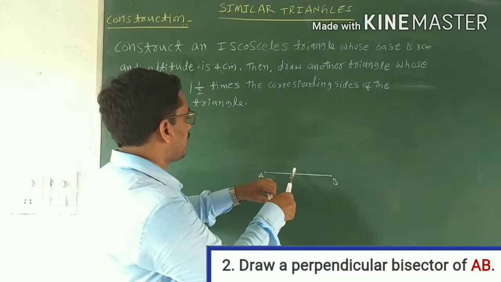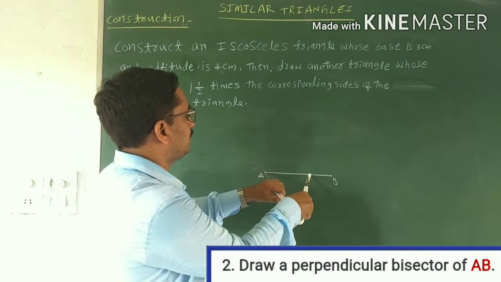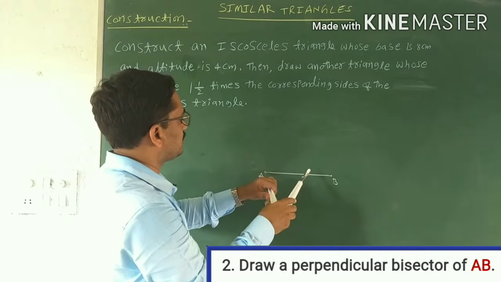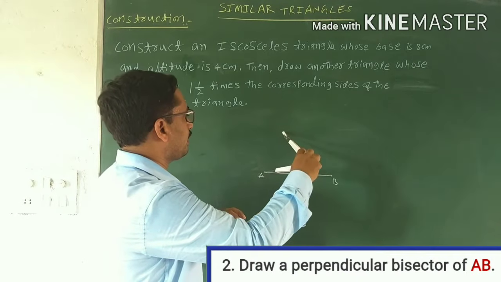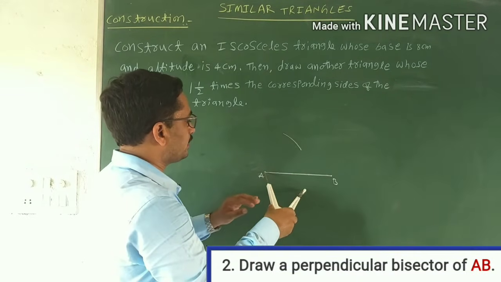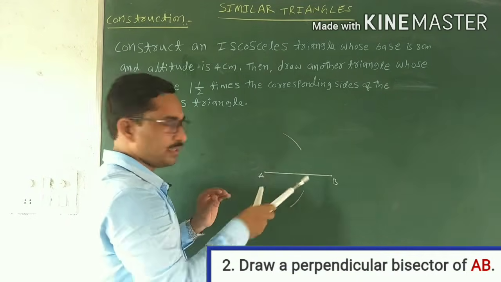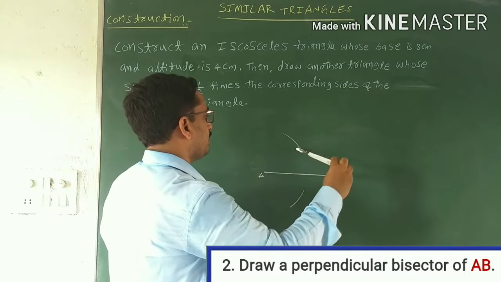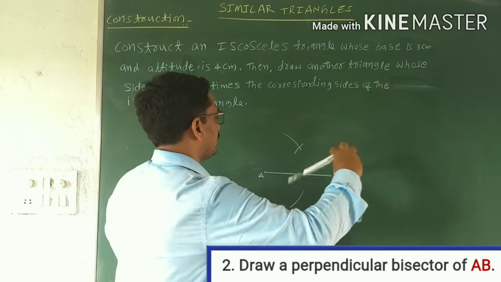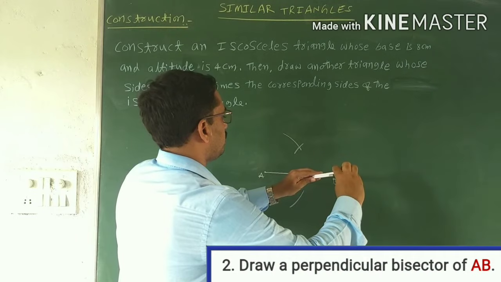By taking more than half of the distance, with the center A, draw an arc on both the upper side and lower side, and with the center B, taking the same length, draw two arcs.